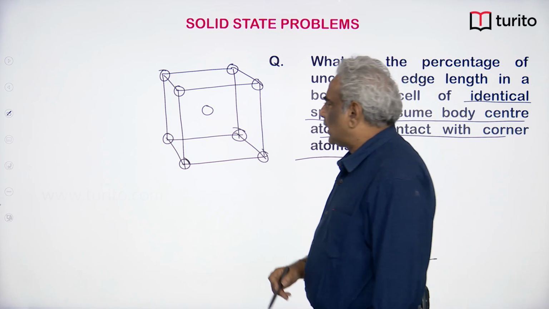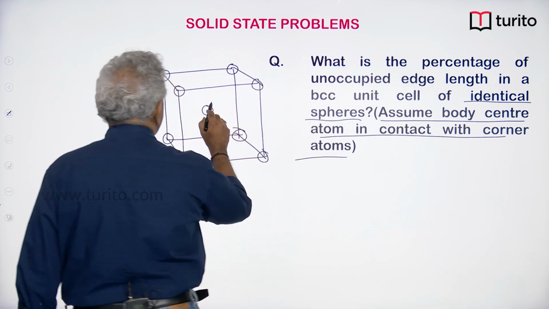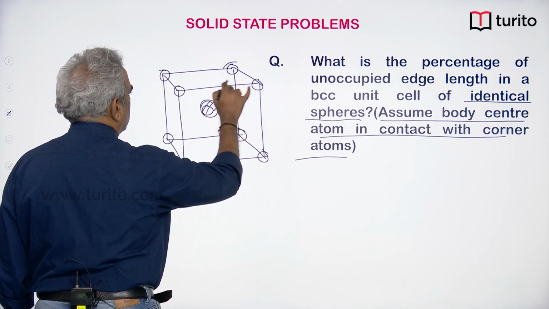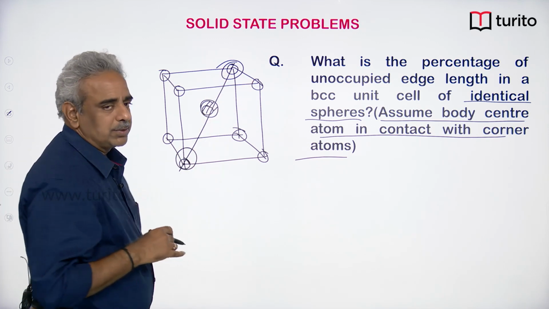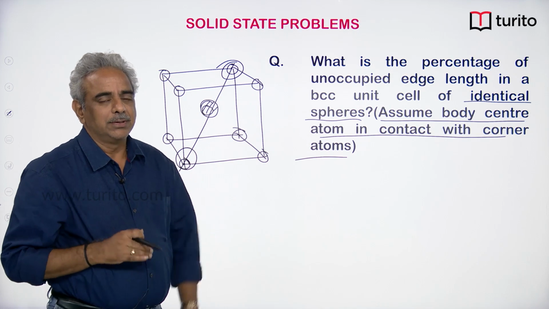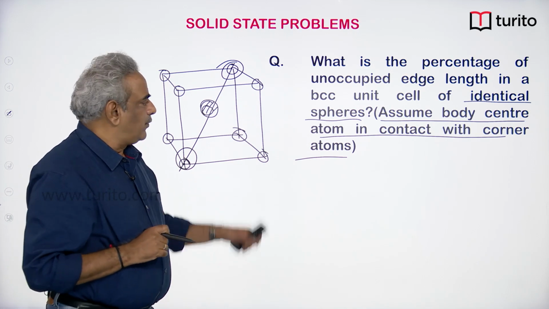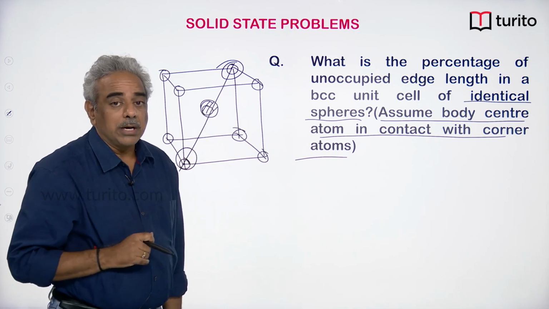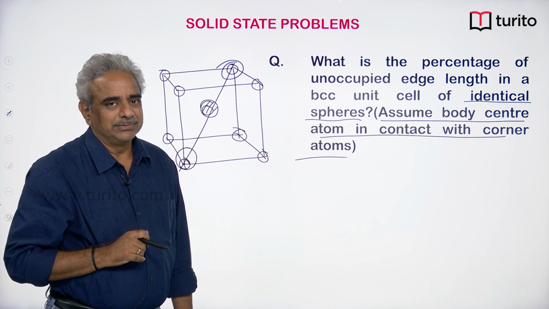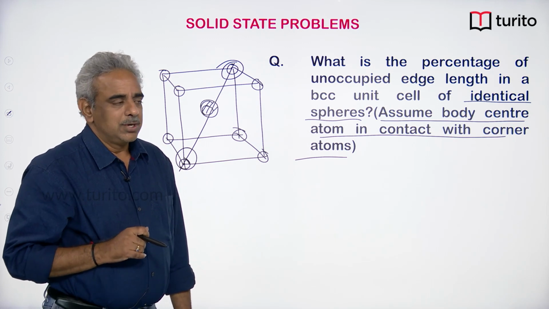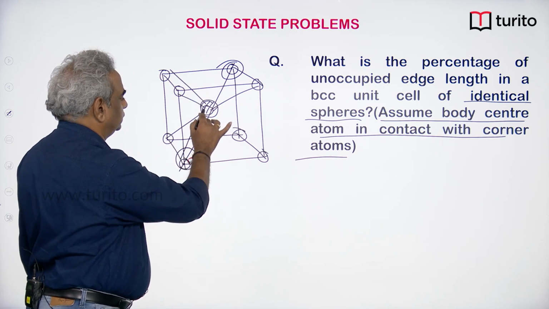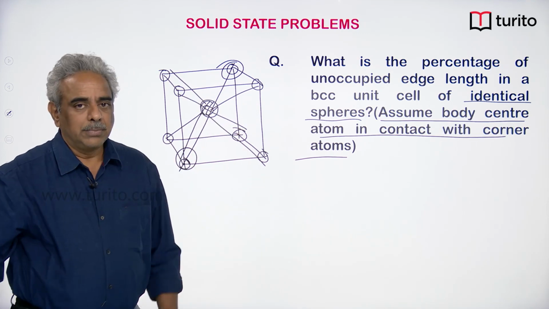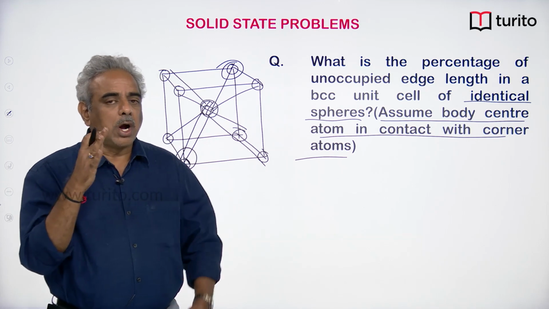Who are in contact? This body center atom is in contact with corner atoms. So, these 3 are in contact. Obviously, these 4 are not in contact, they cannot be. So, every corner atom is in contact with the central atom, but the individual corner atoms are not in contact.